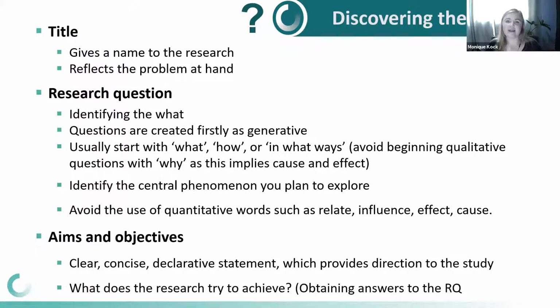So the title only gives the name to the research, and it also helps to identify what the contribution of the researcher is. Within a qualitative perspective, it should be noted that the researcher is part of this process. The researcher is regarded as part of the research instrument with regards to a qualitative study.